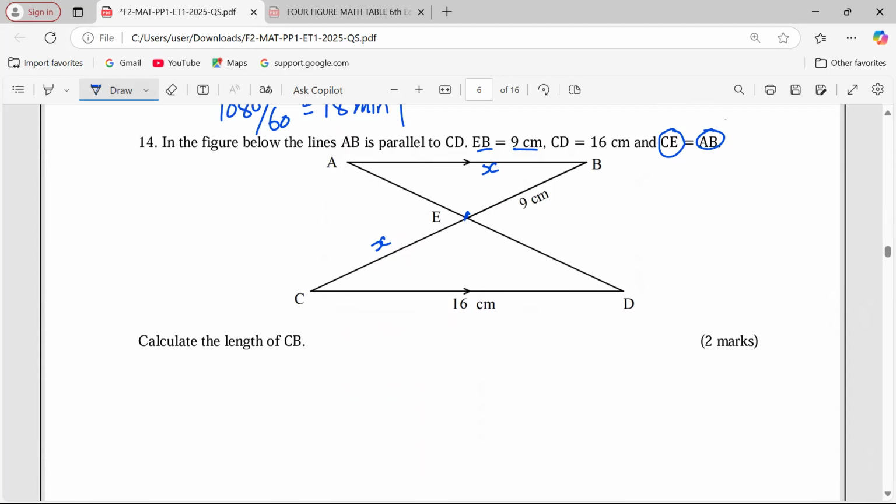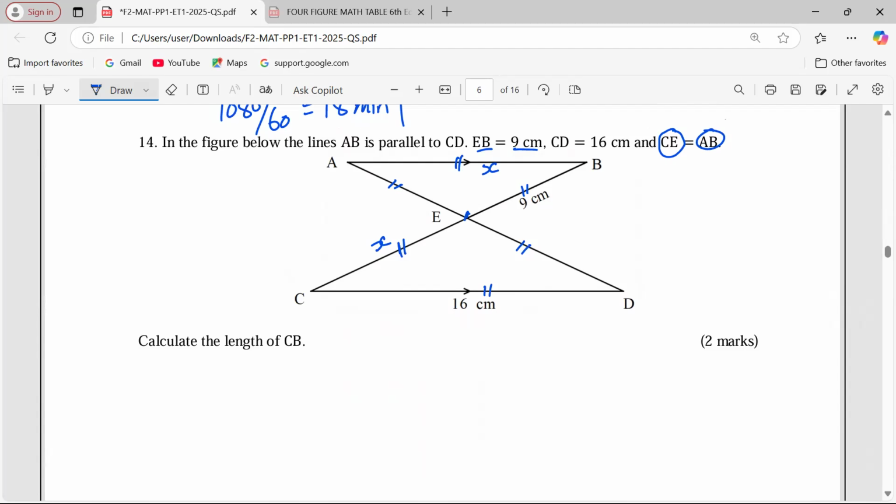When enlarged, CE translates to EB, ED translates to EA, and definitely CD translates to AB.